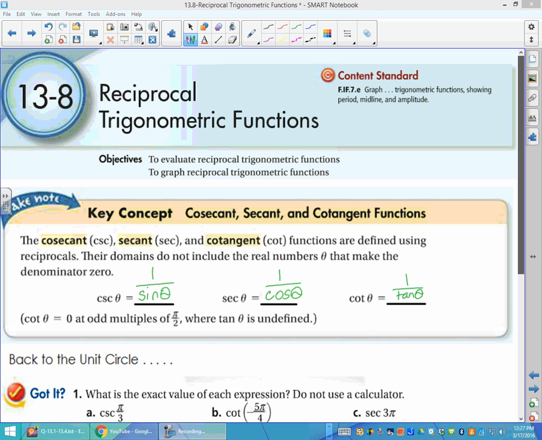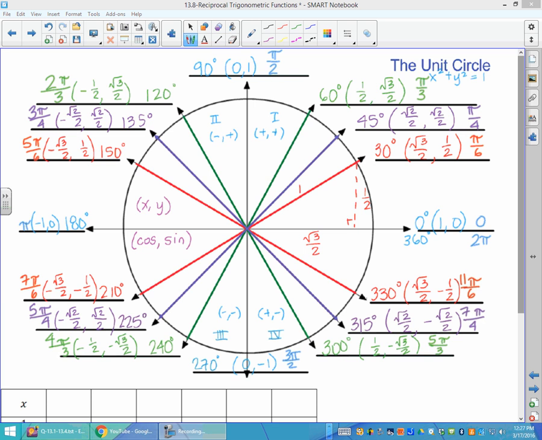Okay, so what I like to do on my unit circle, I take it back to where we were before, and this one for some reason doesn't have the tangent values on it that we put on before. So we had 0, we had negative square root of 3 over 3, we had negative 1, and we had the square root of 3. Excuse me, negative square root of 3.